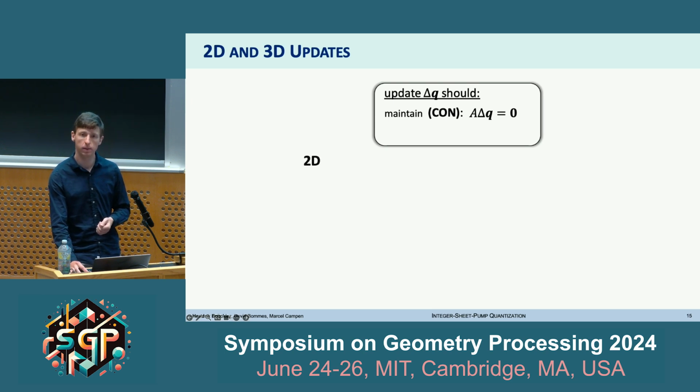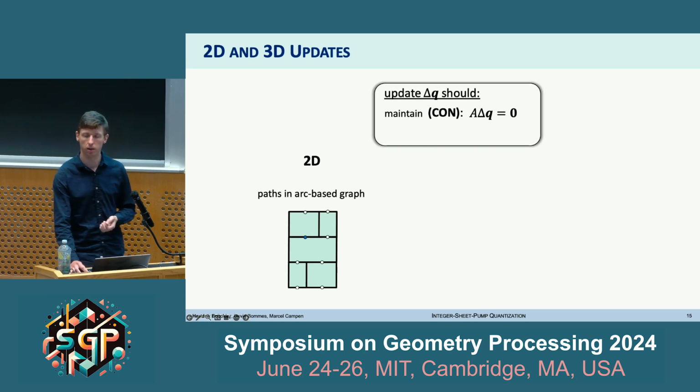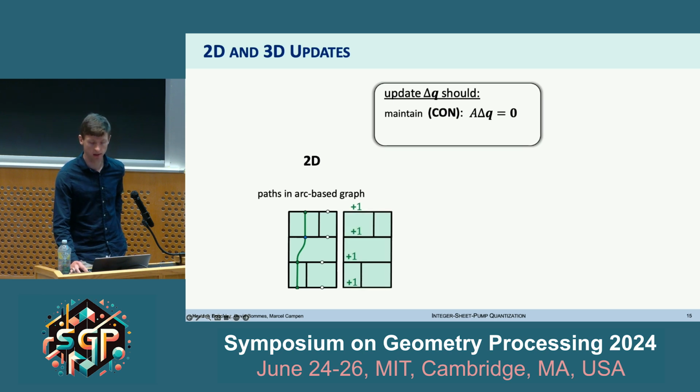In 2D, this can be secured by updating not isolated arcs, but all arcs in closed paths on a dual arc graph. So to update the blue arc here, a path crossing it is required. This path then corresponds to a consistent integer update. Here it even represents a virtual quad strip inserted into the quad mesh to be.